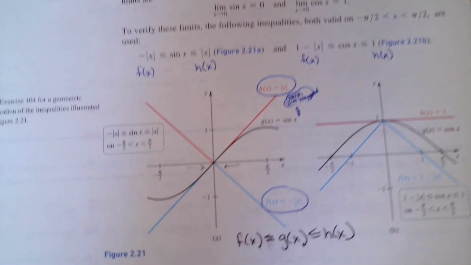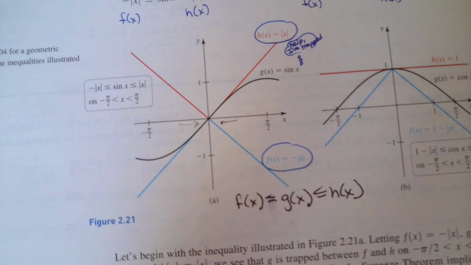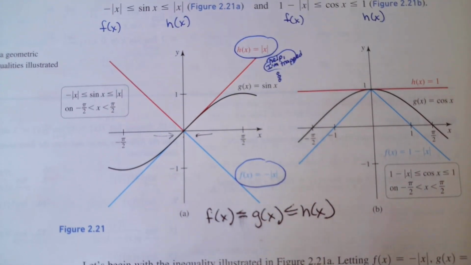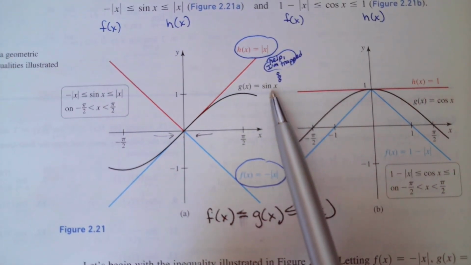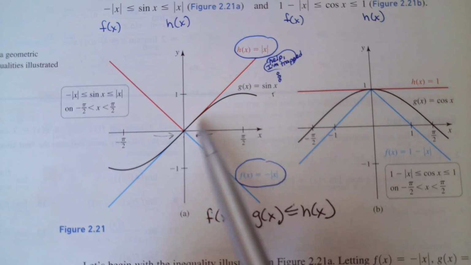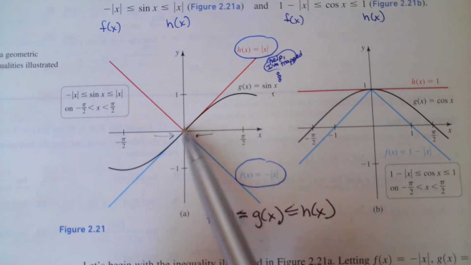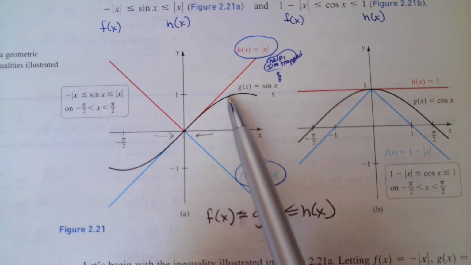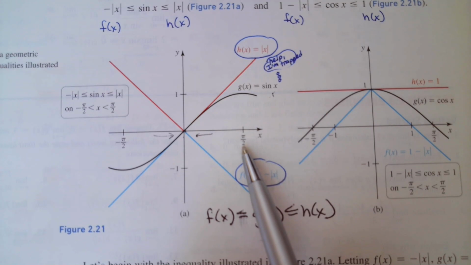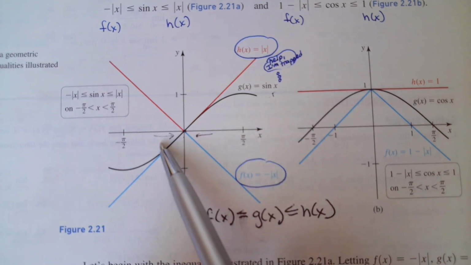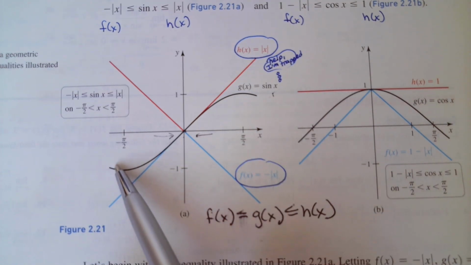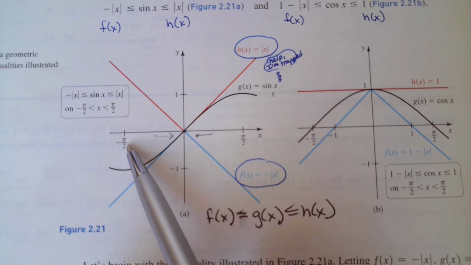Here, this is from your book. We have the function sine of x, and obviously it goes through 0, right? When x equals 0, y equals 0, it comes up here and peaks at 1 at pi over 2. Its minimum value is -1 at negative pi over 2.